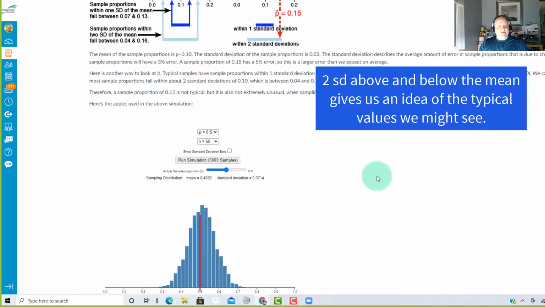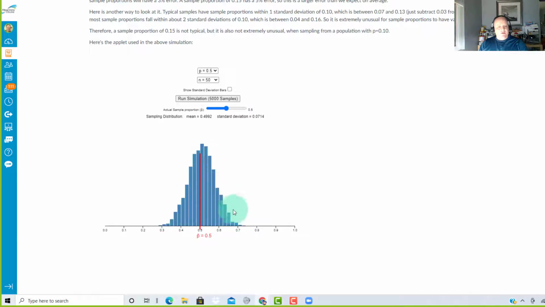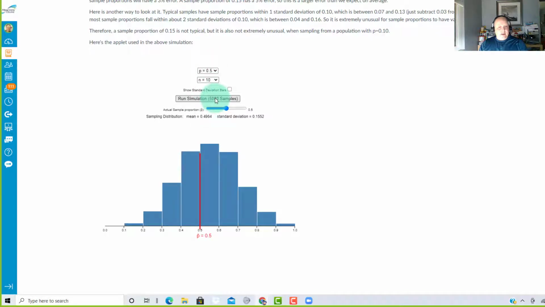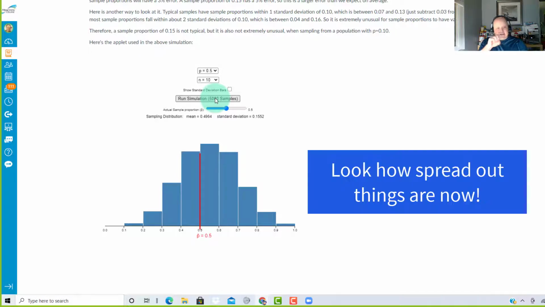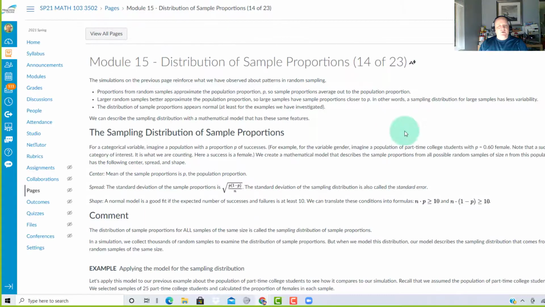You can run samples here, and it's very similar to the applet that I gave you. What I hope you can see is that the standard deviation with 50 is very different than the standard deviation with 20, or the standard deviation with 10. If you went all the way down to 10, the standard deviation is much higher. There's a lot more variability in those sampling distributions. So you'll explore that a little bit with an applet on a couple of quizzes.